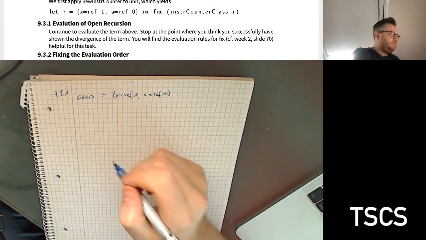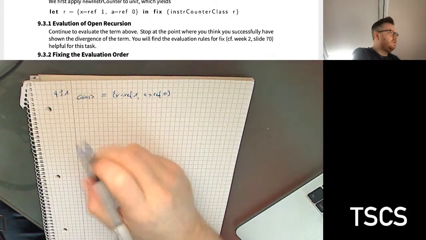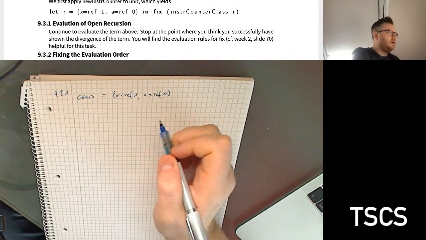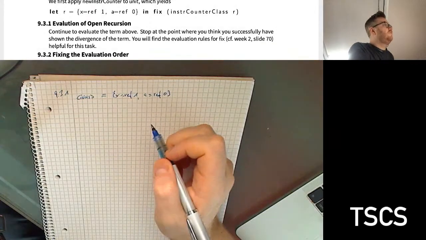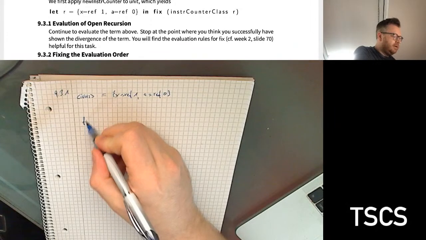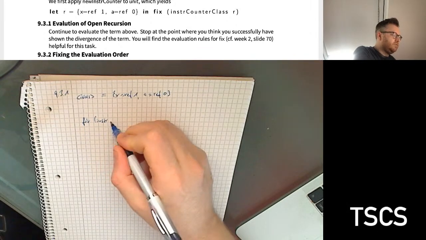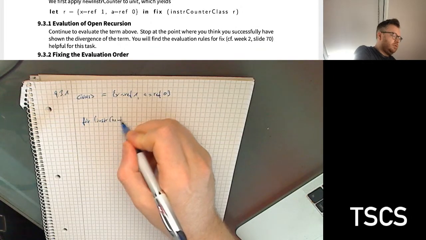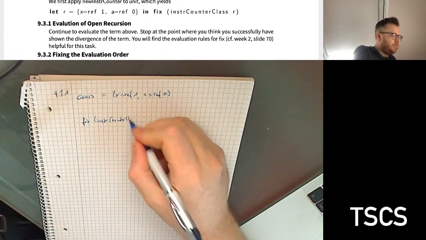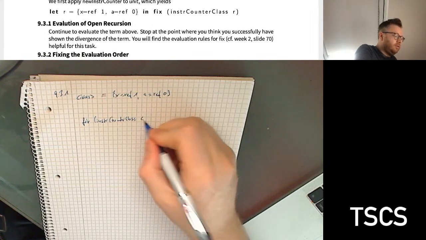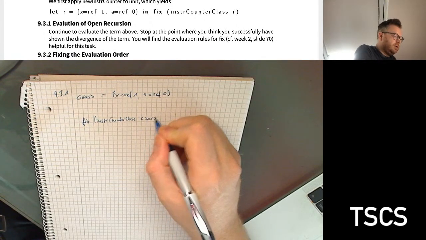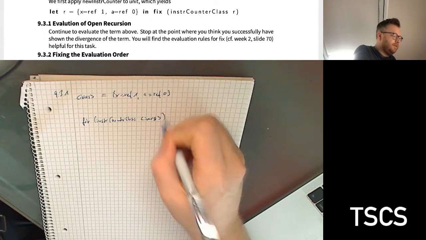The term that we have here, when we unroll the let for a bit, is fix, and then the call to the instrumented counter class, and then this placeholder IVARs.